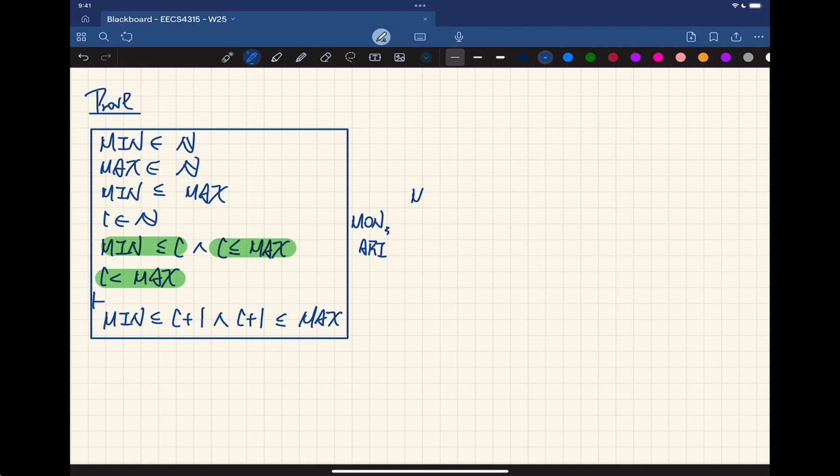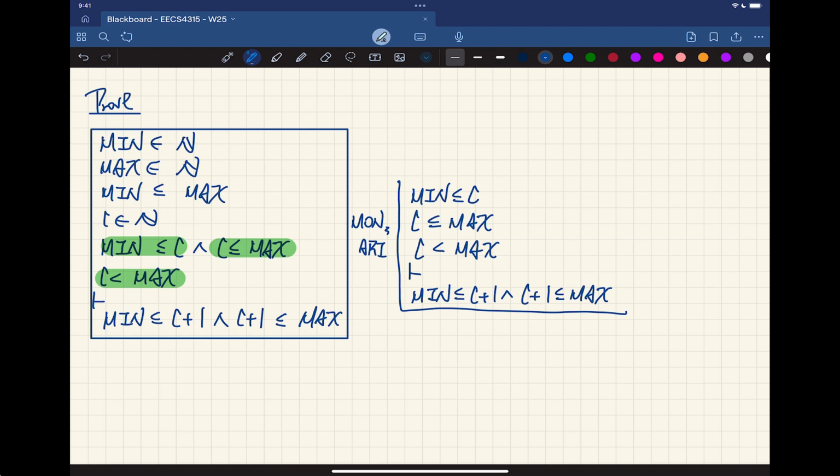I can say minimum less than or equal to C, and also C less than or equal to max, and also C less than max. That's all I need. And then I've got minimum less than or equal to C plus 1, and C plus 1 less than or equal to max. So this is the sequence.